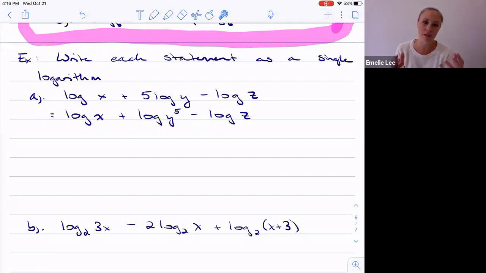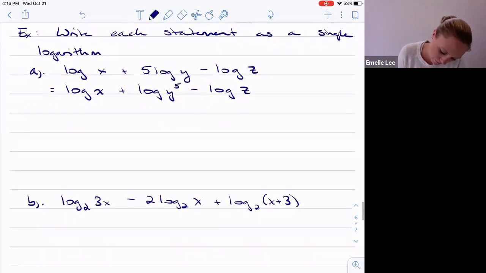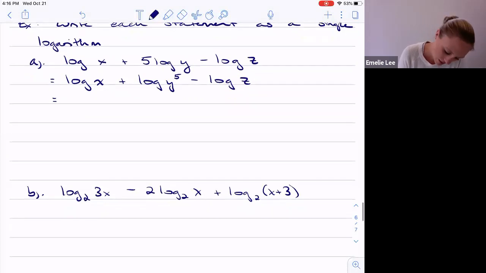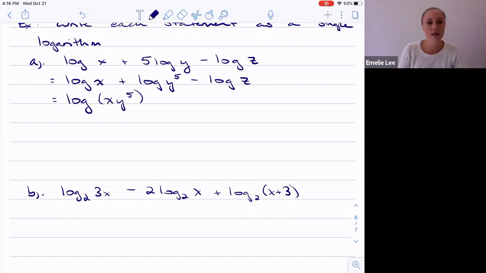I'm going to do it in 2 phases. If you just did it in 1, that's totally fine. But what I'm going to do is combine these 2 first and then bring in my negative log z. So I get the log of x times y to the power of 5 minus the log of z.